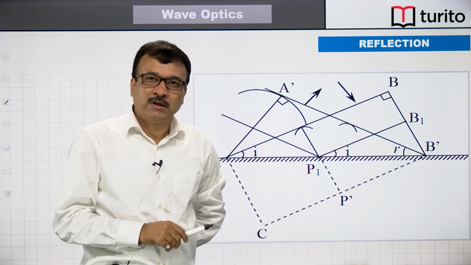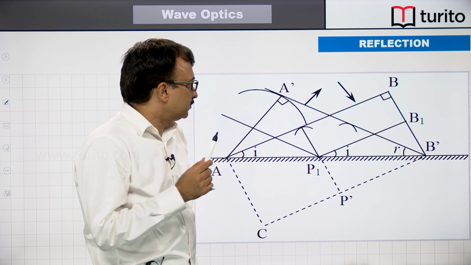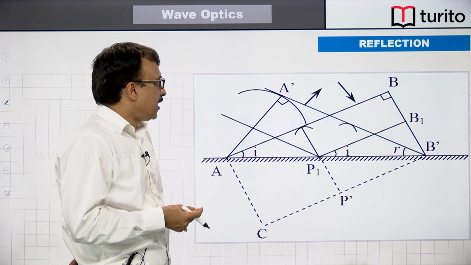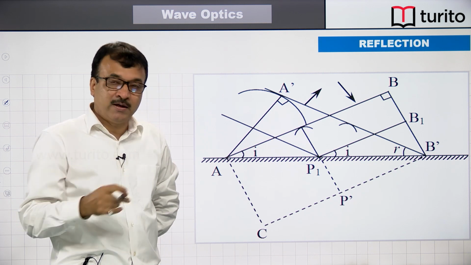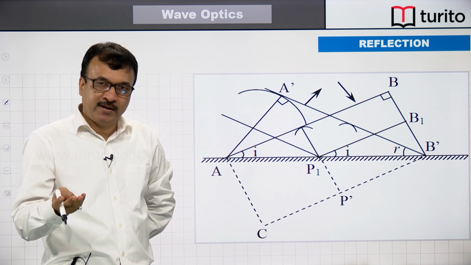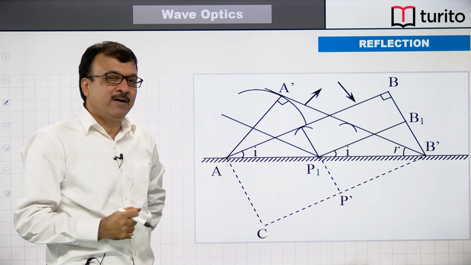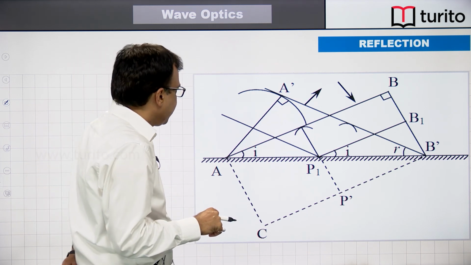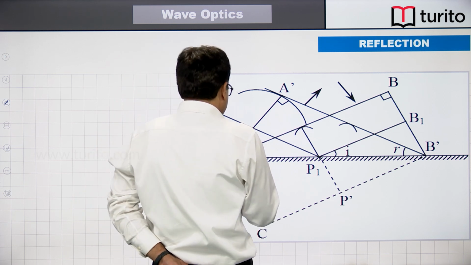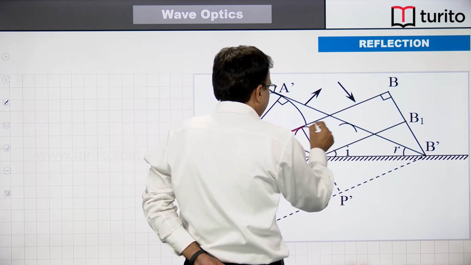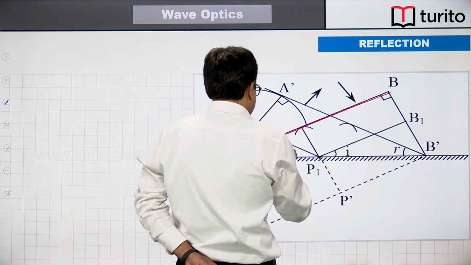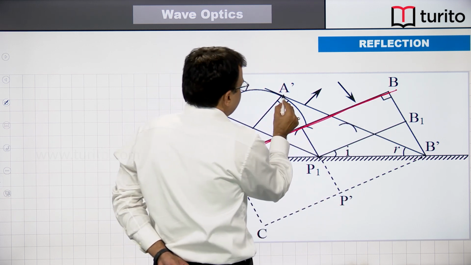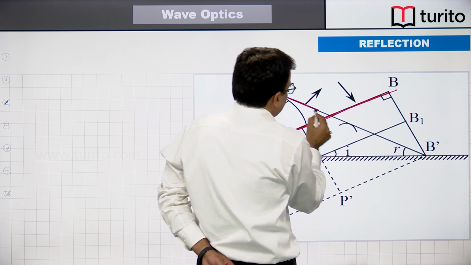You can understand it by yourself, because after learning refraction and TIR, you will find reflection very simple to understand using the Huygens principle. Here we are taking AB as the incident wavefront. This is the angle of incidence and this is the reflected wavefront.